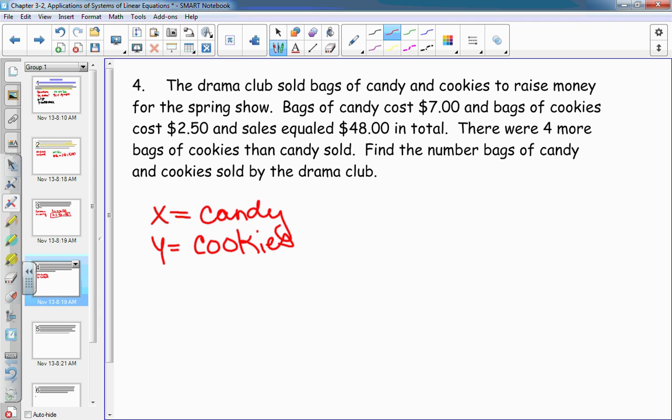So now we know what our parts are, right? The parts are the cookies, the other part is the candy, and all together that has to make the whole. So I want you to visualize right now, okay? We are on a conveyor belt, and it says bags of candy cost $7. So my first bag, beep, $7.